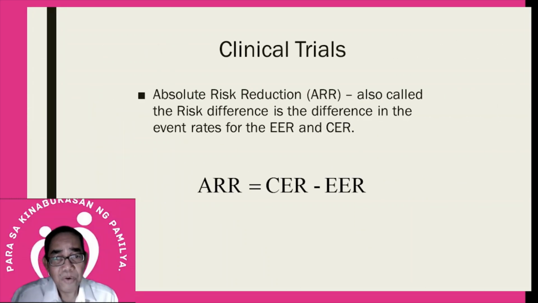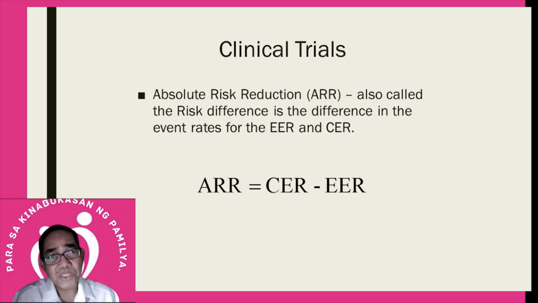Okay, now in a clinical trial, we calculate the absolute risk reduction, the ARR, which is also called the risk difference. That's the difference in the event rates, the EER and the CER. So this is the formula, CER minus EER.